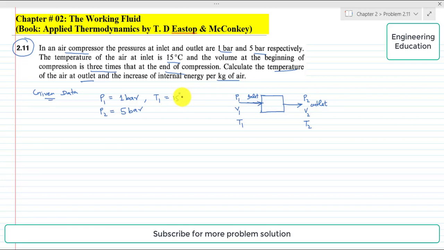If we convert it to Kelvin, it will become 288 Kelvin. Also, the volume at the beginning of the compression is 3 times that at the end of compression, meaning that V1 is equal to 3 times V2.